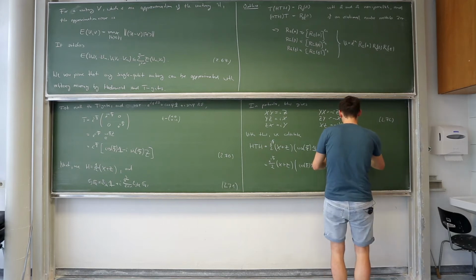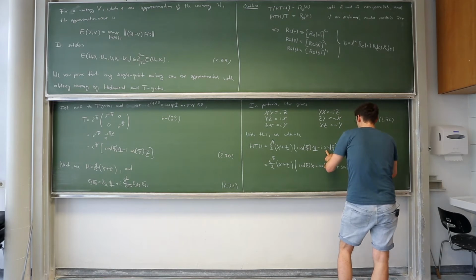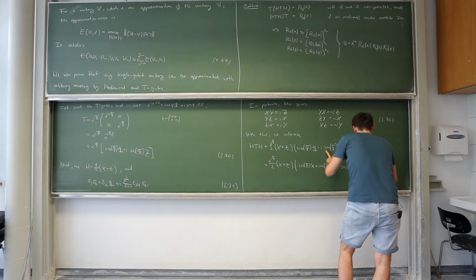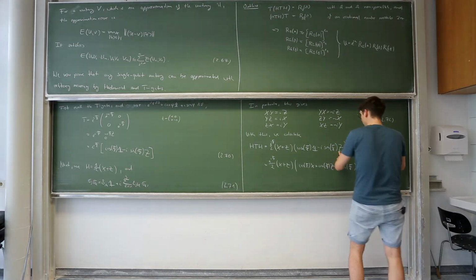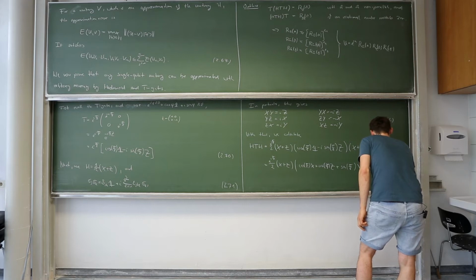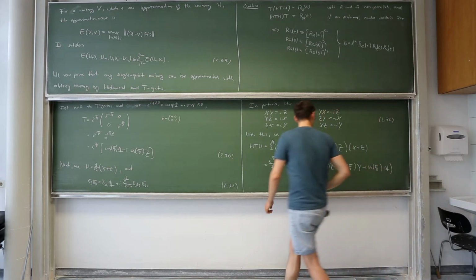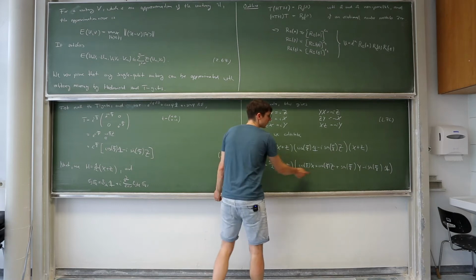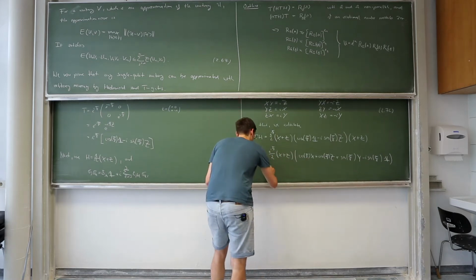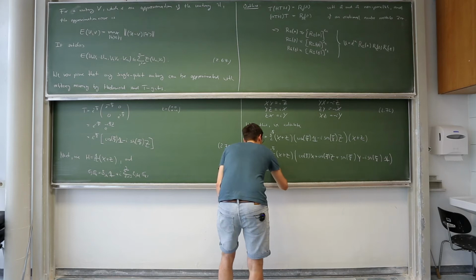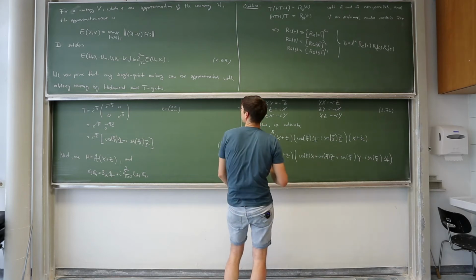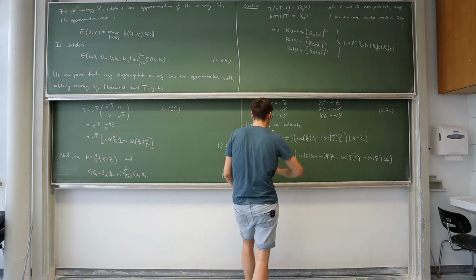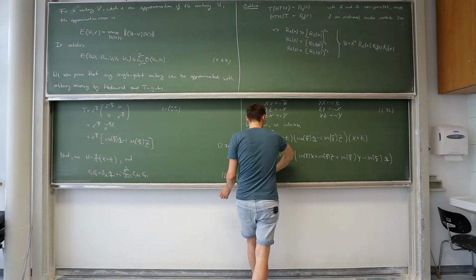And here we have z squared, which gives the identity, so we have minus i sine pi over 8 times the identity. And now we multiply these two. I think I use another board because it's going to be long.